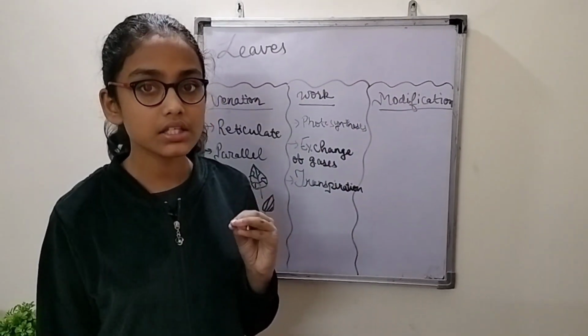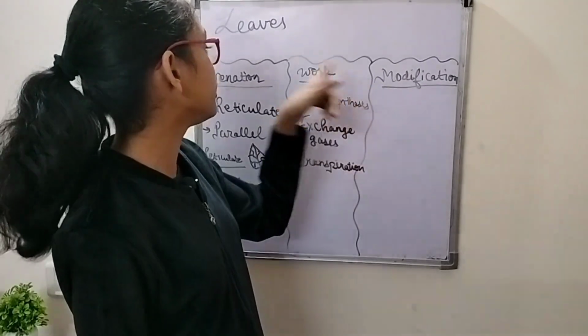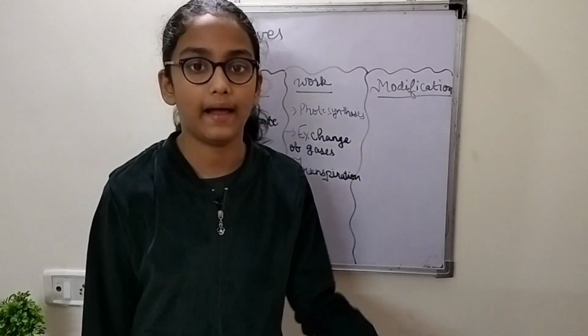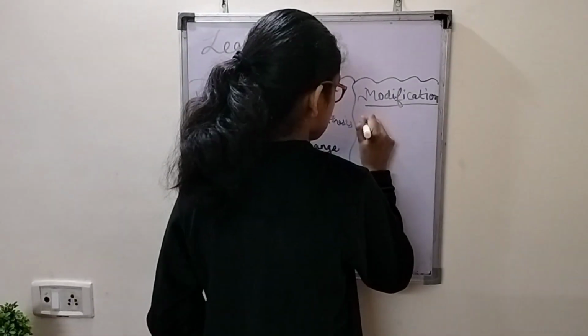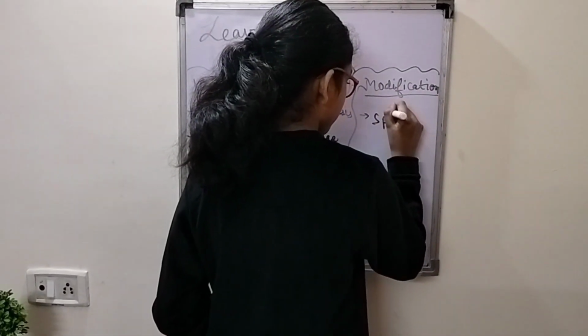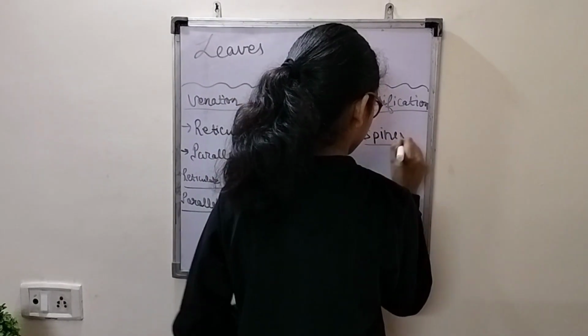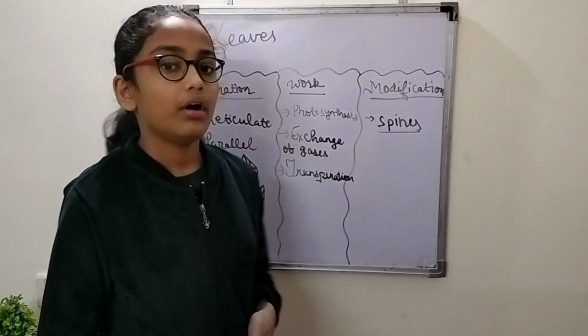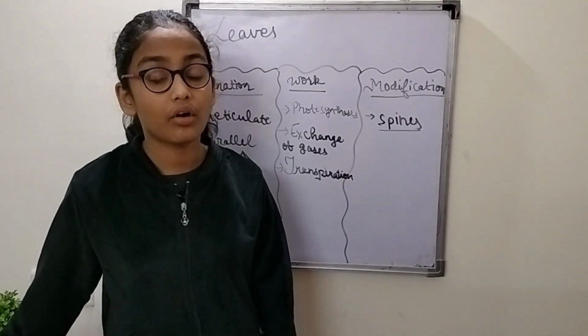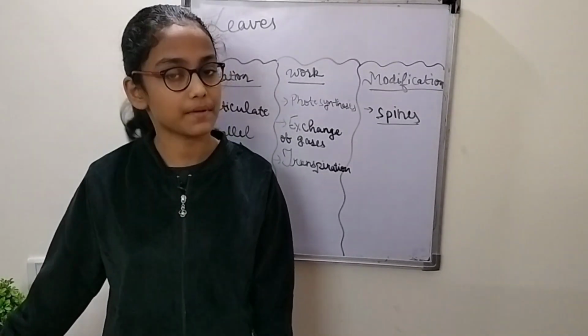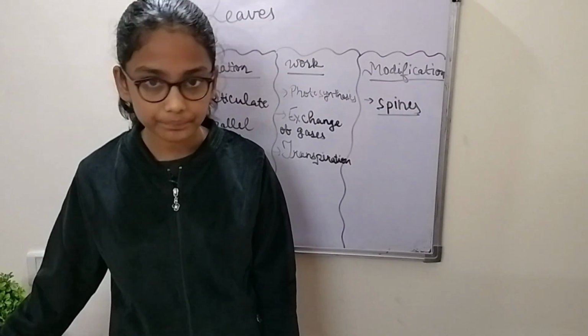There are some modifications of the leaf which help the plant to survive in different climates. The first is spines. Okay, so in the desert region, I think you have already heard about the cactus that is present in the desert region.